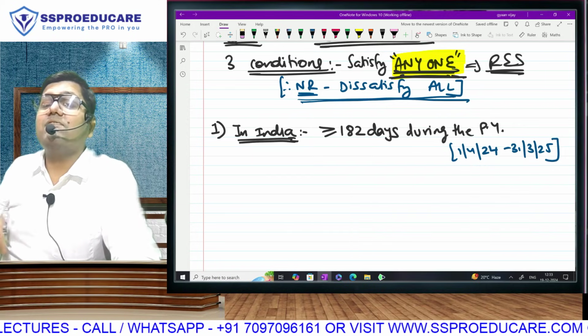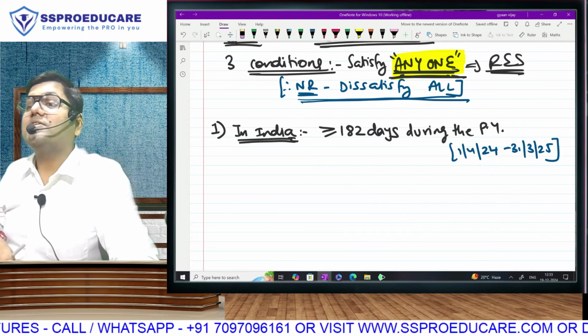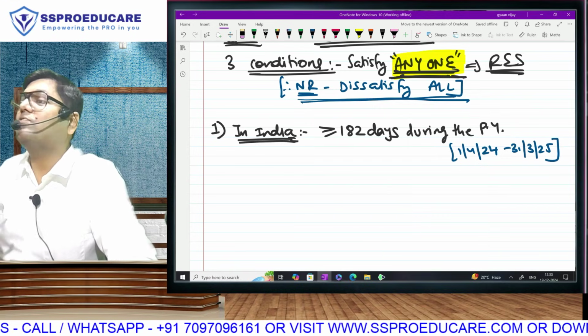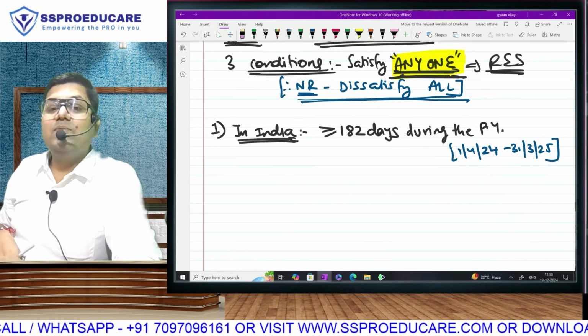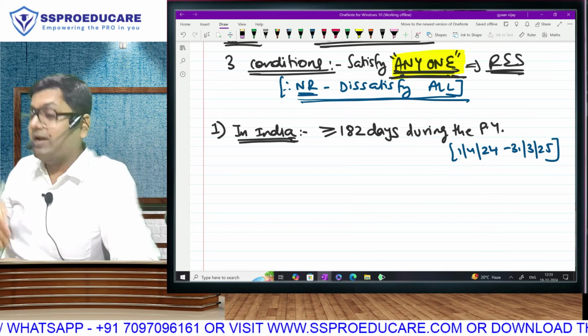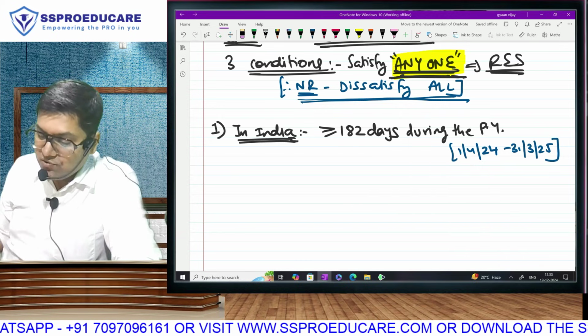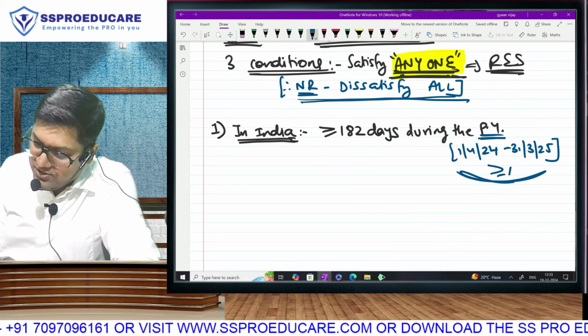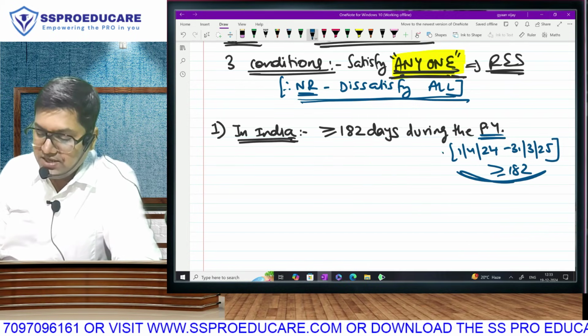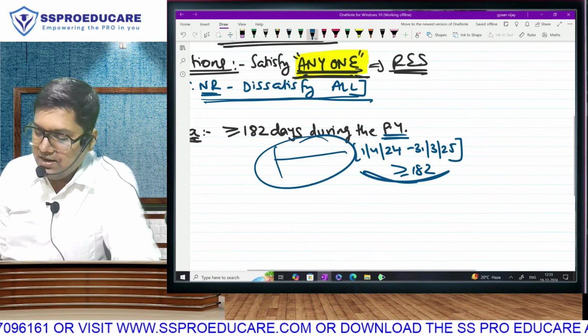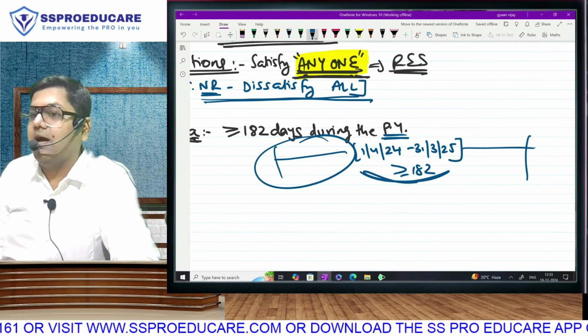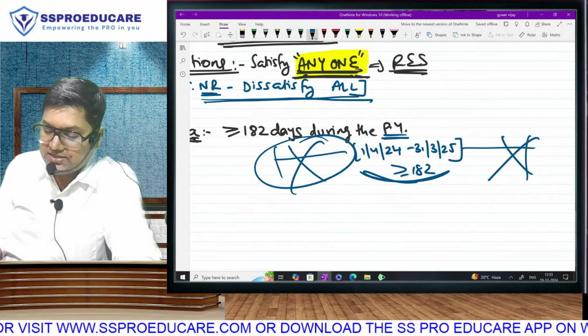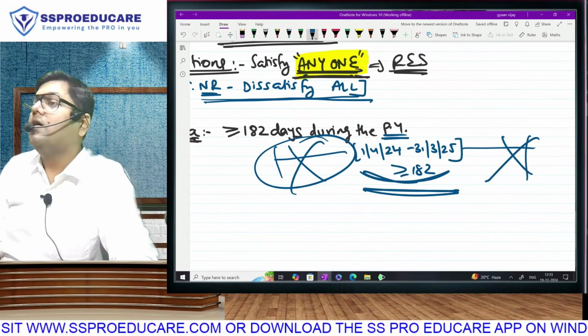Supposing anybody who is giving the exam in Jan 25, that person will check 1/4/23 to 31st March 24. Anybody giving May 26 will check 25/26. We have to check our relevant previous year. In this period, your stay should be minimum 182 days. See, sir, last year full year you were in India and next year full year you were in India is irrelevant for deciding your residential status of the current year.